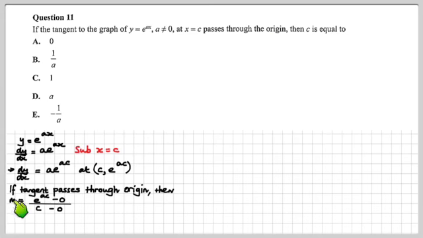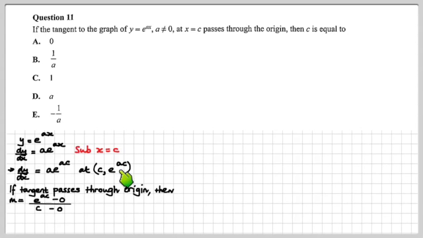We know that the line joining this point, c and e to the ac, to the origin, is apparently the same as the tangent according to the question, so we can work out the gradient of the tangent in another way.